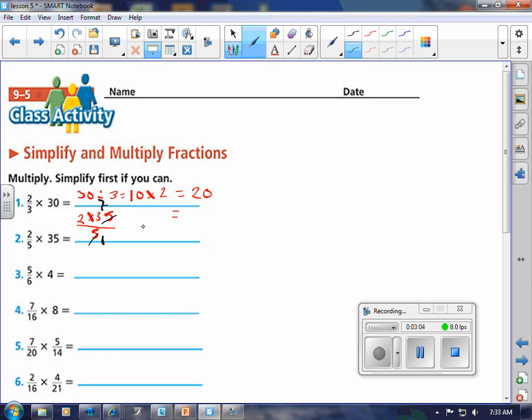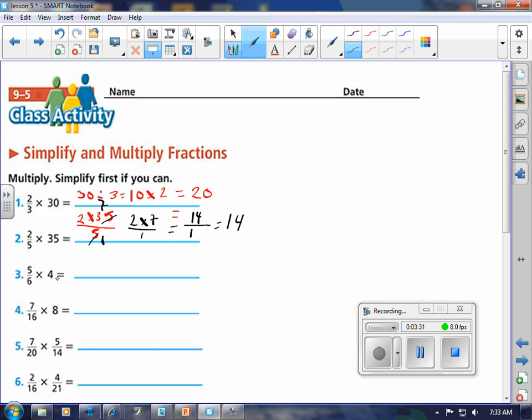So now I have 2 times 7 over 1, which is 14 over 1, which is just 14. Okay, so just a different way to look at that. Any way that you want to look at these is fine with me, whichever strategy you like the best. Okay, let's try another one.